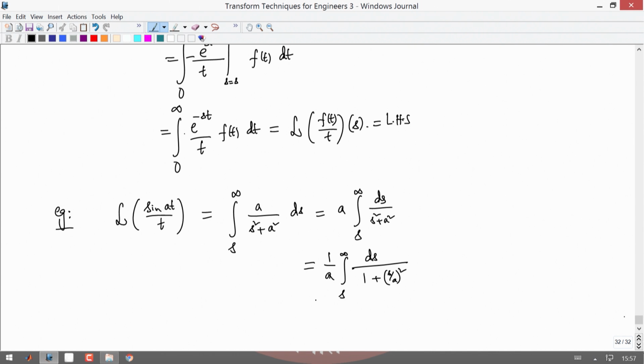Okay. So, this is nothing but, you can also take this and write d of s by a. So, this is nothing but tan inverse s by a.